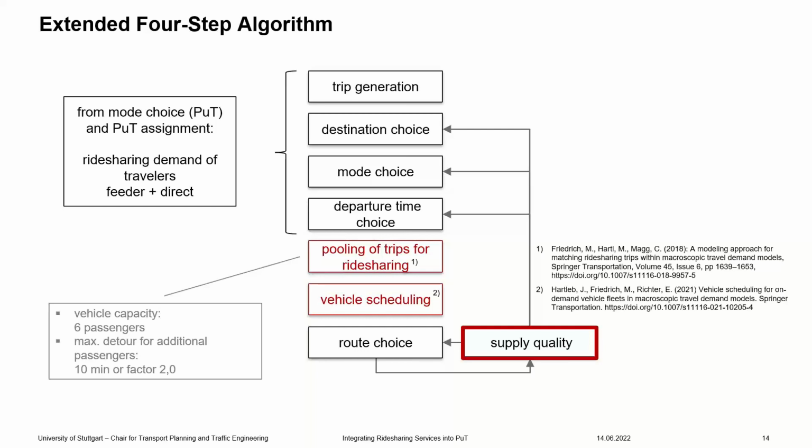And after the vehicle scheduling, we now know all the vehicle trips, and we will be able to assign them to the road network now in the route choice. And after that is done, and after our iteration process is also satisfied because there are no changes in travel times anymore, we are getting our results.